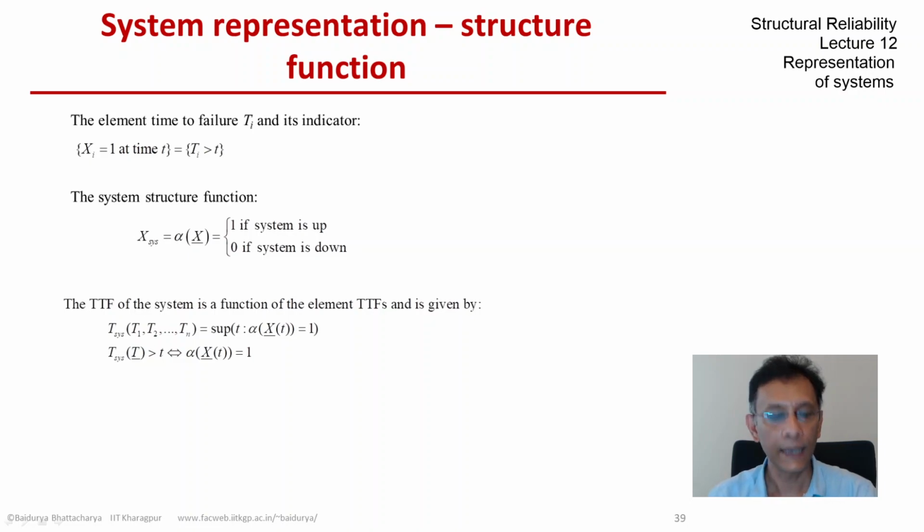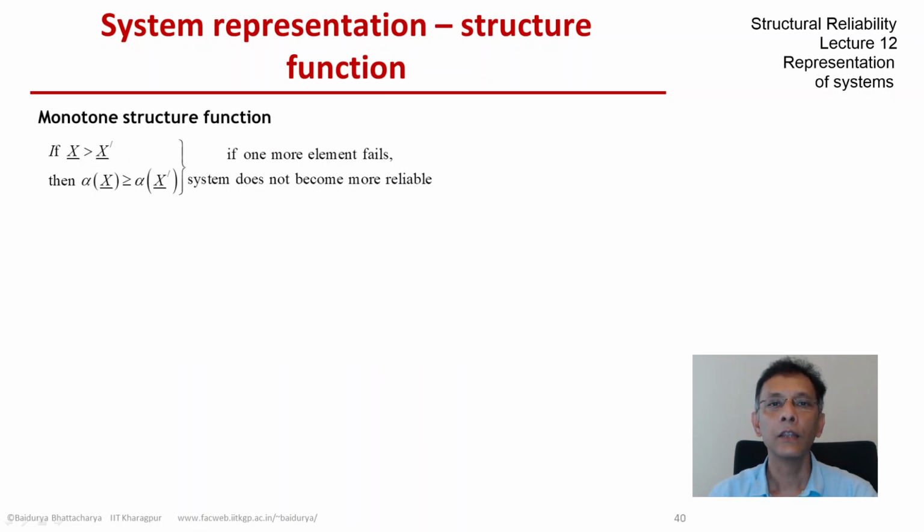We will look at it later on. The system time to failure, t subscript sys, which is a function of all the element times to failure, is the least upper bound of all times when the structure function of the system is equal to 1. So that gives me an equivalent definition of the time to failure of the system in terms of its structure function.